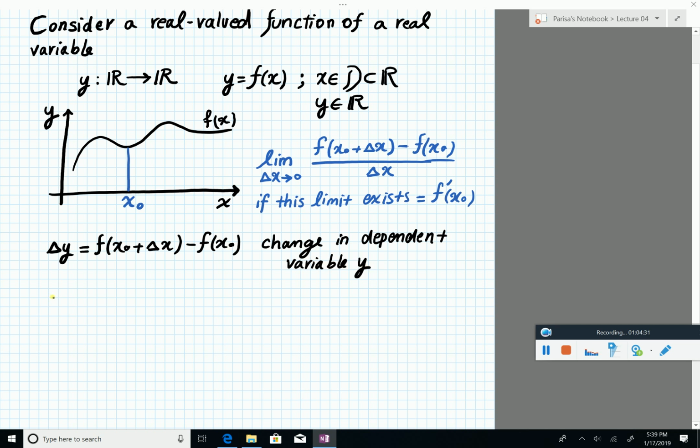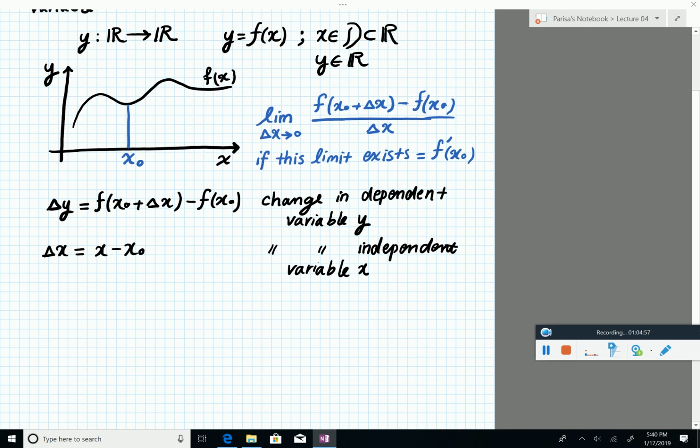And delta x is, of course, change in the independent variable. Okay. So I guess so far everything is looking great.